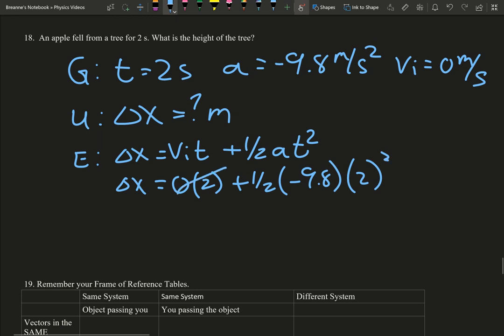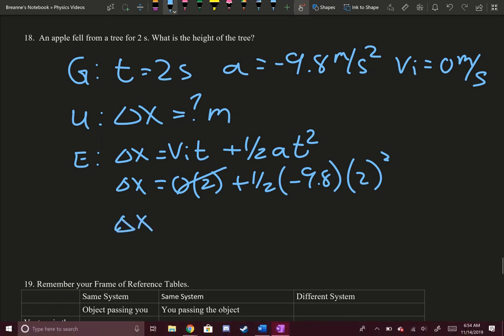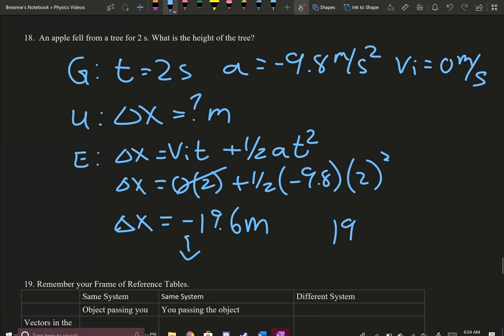So again, you just have to plug in 1/2 times negative 9.8 times 2 squared. Make sure you put parentheses around things. So you should get a delta x of negative 19.6 meters. And that negative is just telling you the apple is going down. So the height of the tree is just 19.6 meters tall.